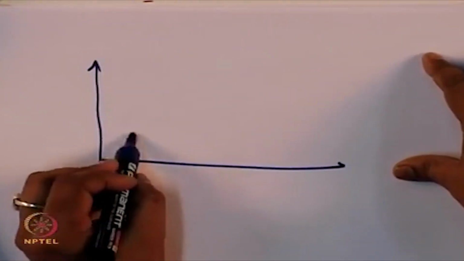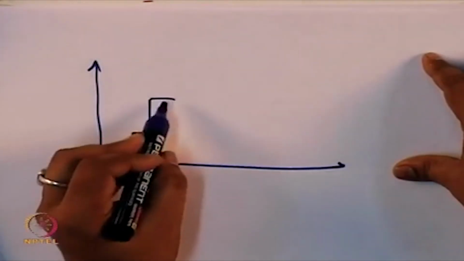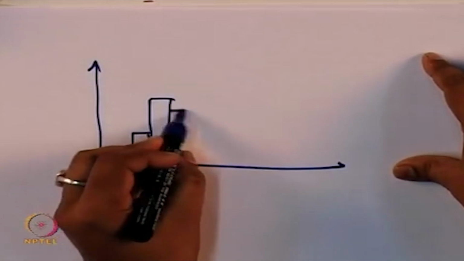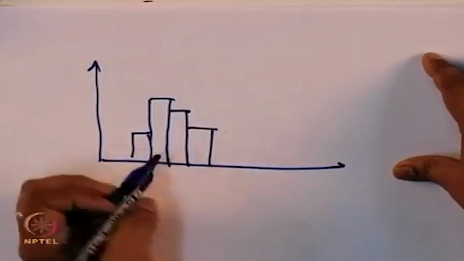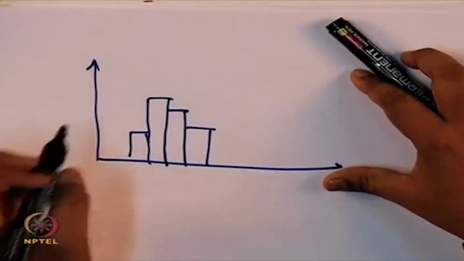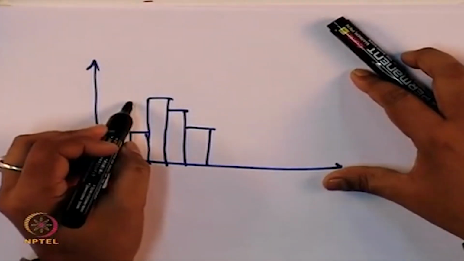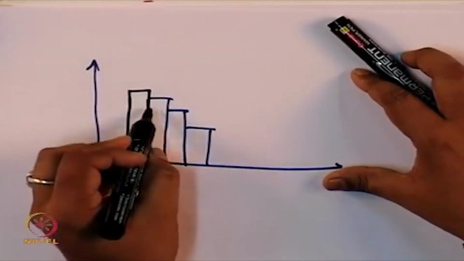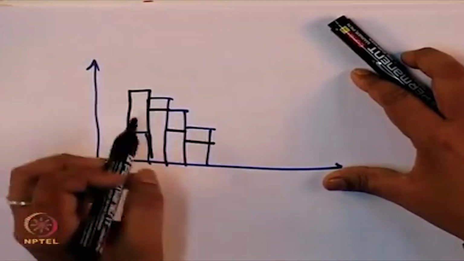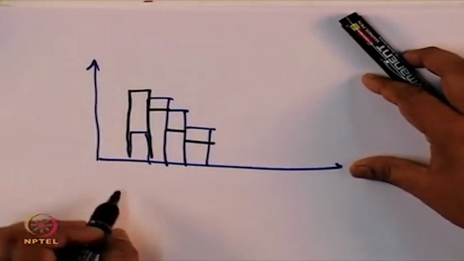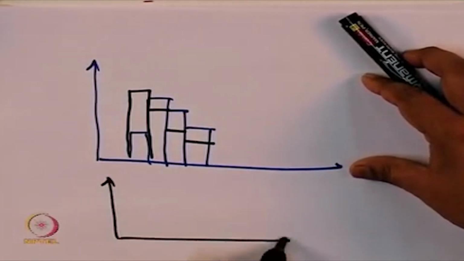I have the same thing, and another one, let us just say hypothetically. If I were to draw the outlines, the curve would look like this.